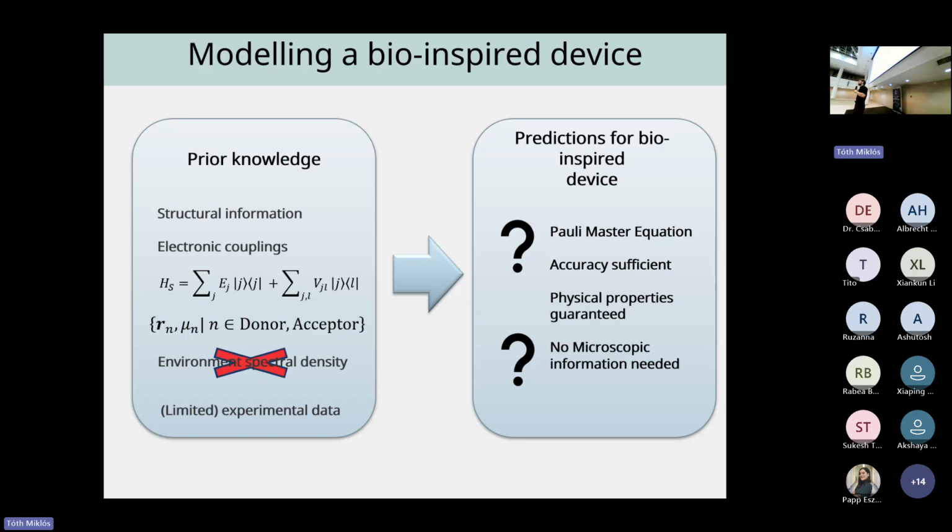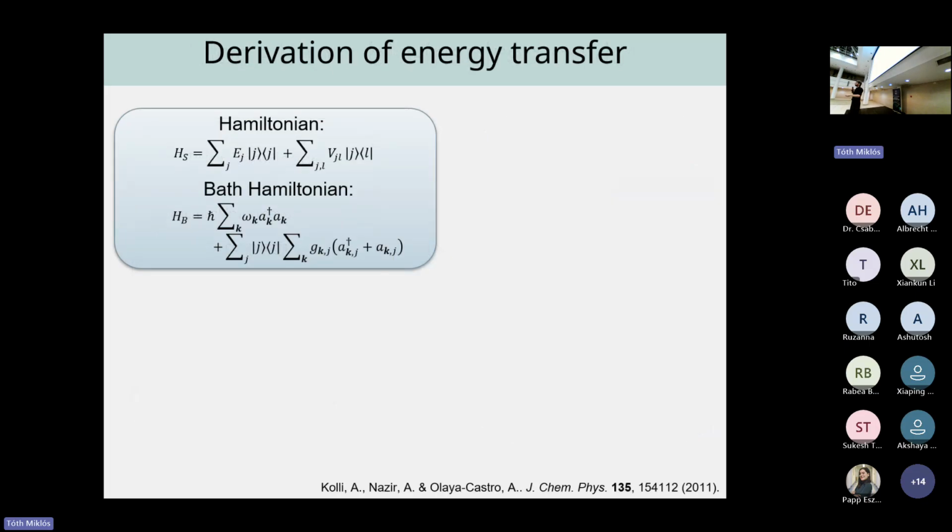So we want that our system thermalizes properly, that we get to the right steady states. And importantly, and I really want to drive home the point, we don't want to have to go through all of the work of inferring all of the microscopic information for each component of our device.